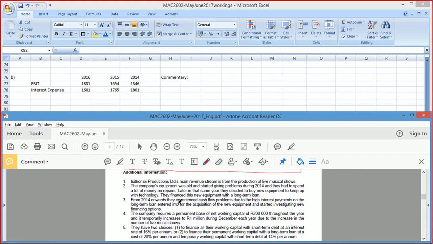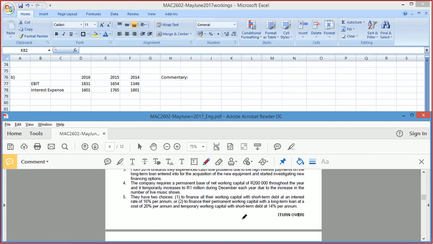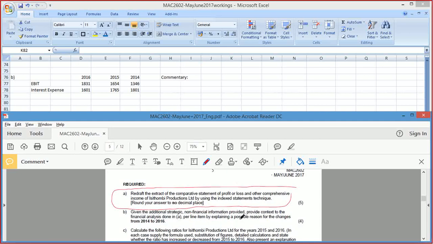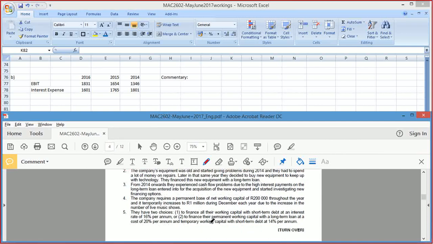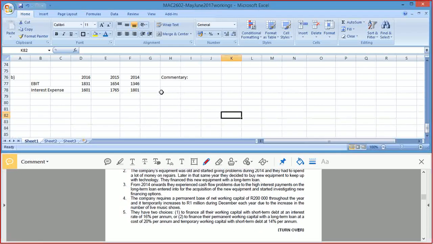From 2014 onwards, they experienced cash flow problems due to the high interest payments on the long-term loans for the acquisition, and started investigating new financing options. The company requires a permanent base of net working capital, and they have two choices: finance all their working capital short term, or finance all their permanent working capital temporarily. So that's what we got in the additional information. So based on it, explain what the possible reasons are for those changes. Obviously in 2014, what happened? They had cash flow problems.